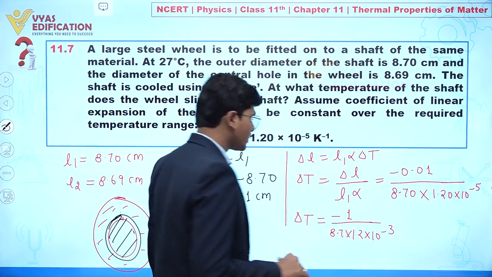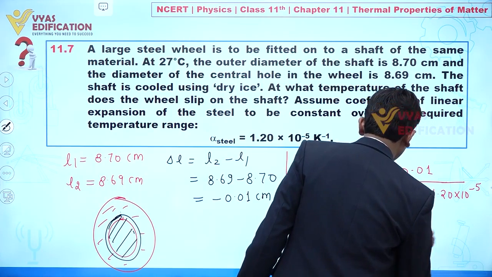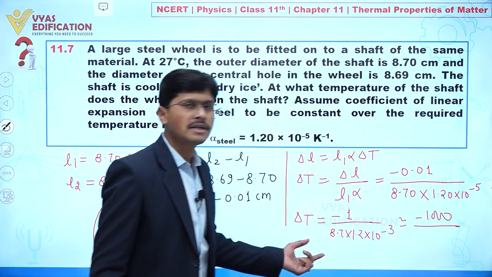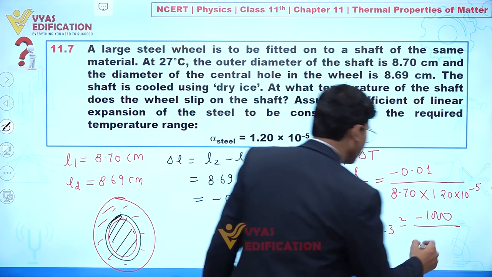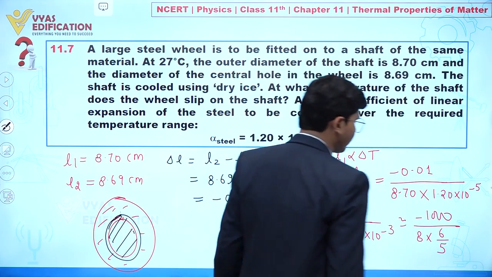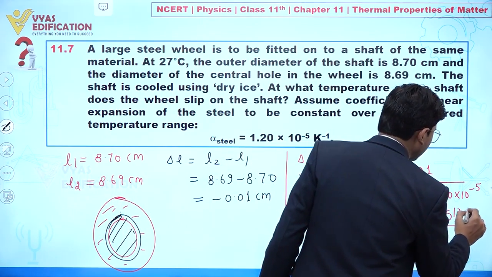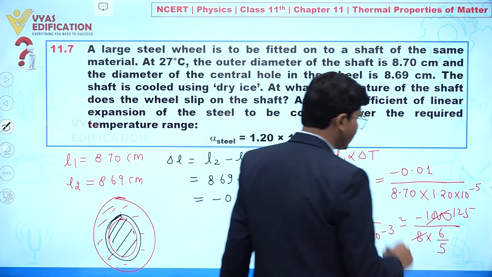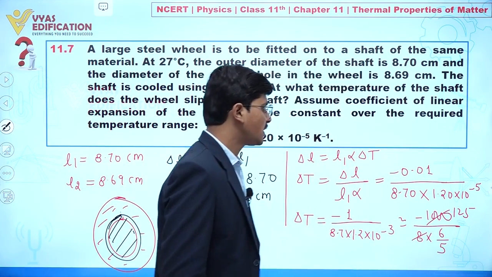Near about, this is minus 1000 divided by, I am taking it near about 8, into 1.2, which is 6 by 5. From here this is 125, although I can say this is 9 near about, but for calculation I am taking 8, so minus 125.